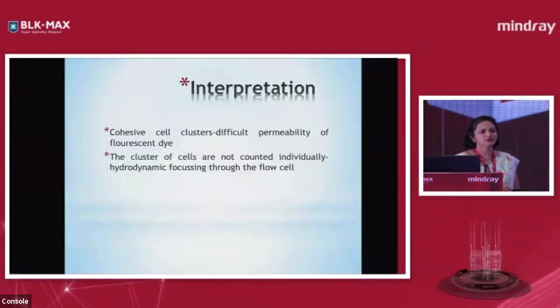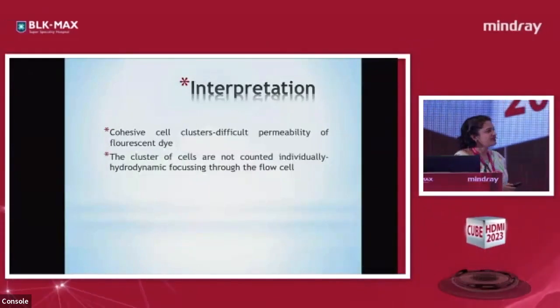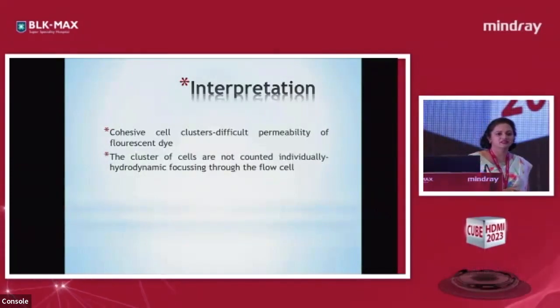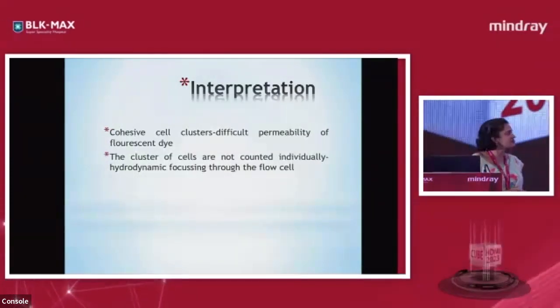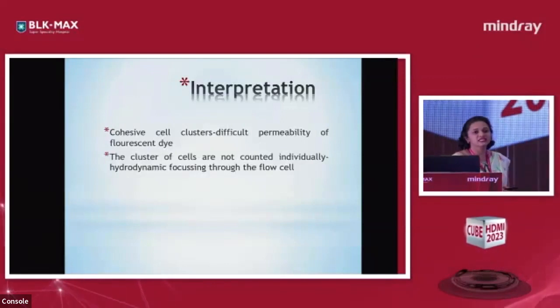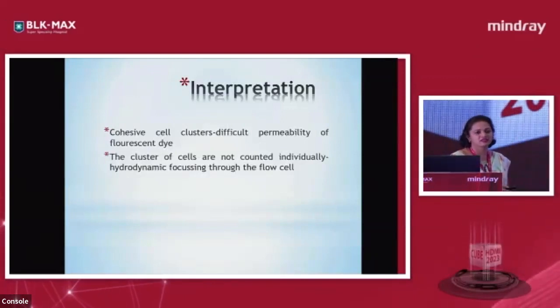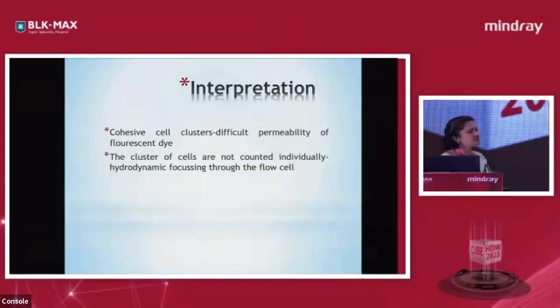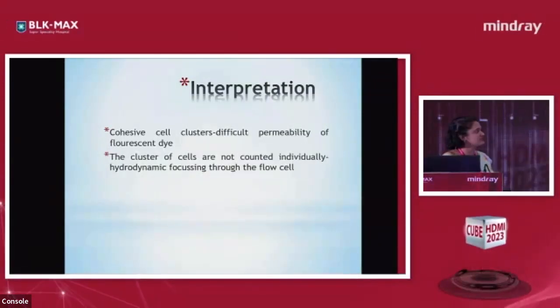And here, to interpret in my study why there were false negative cases which were analyzed on the Mindray analyzer. All three cases of false negative diagnosis by the analyzer had tumor cells in cohesive clusters.